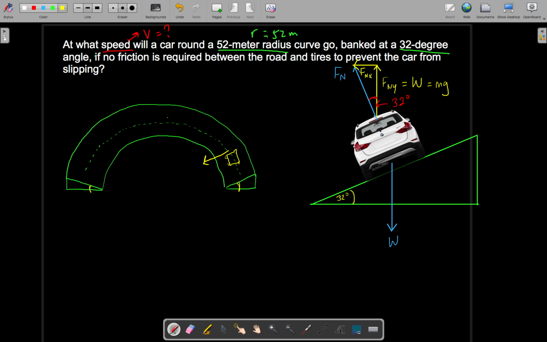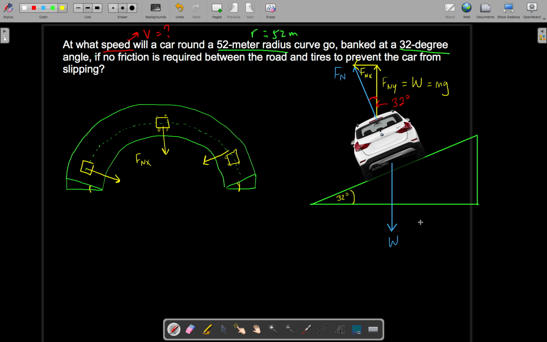If you were to look at the car at this point, the force normal x, your horizontal normal force, is going this way. And if the car happens to go this way, your force normal x is directed this way. So you'll notice that the force normal x is directed towards the center.